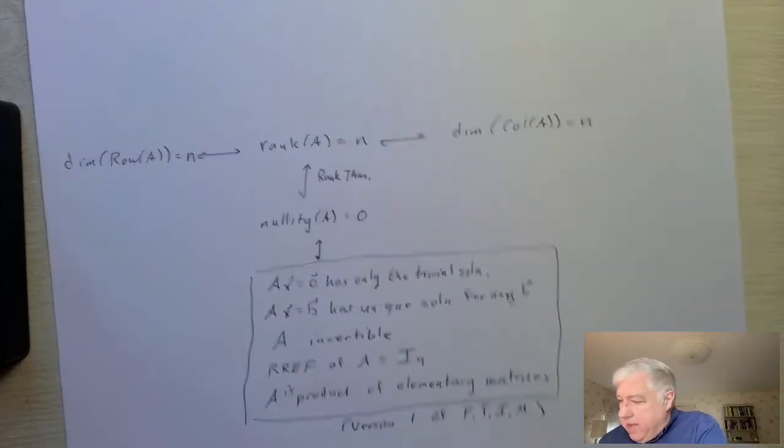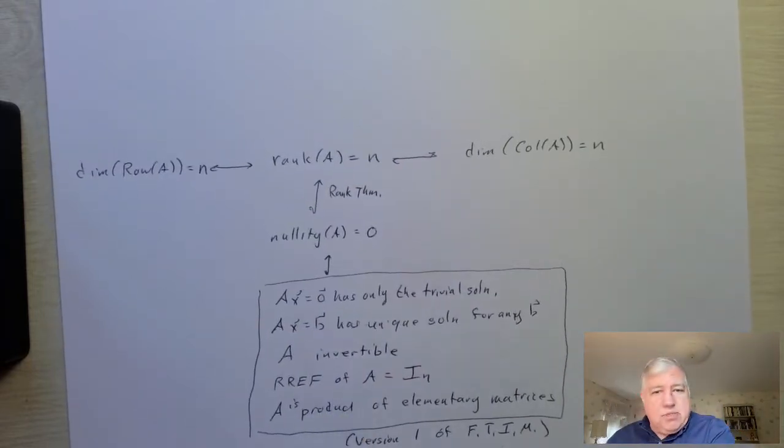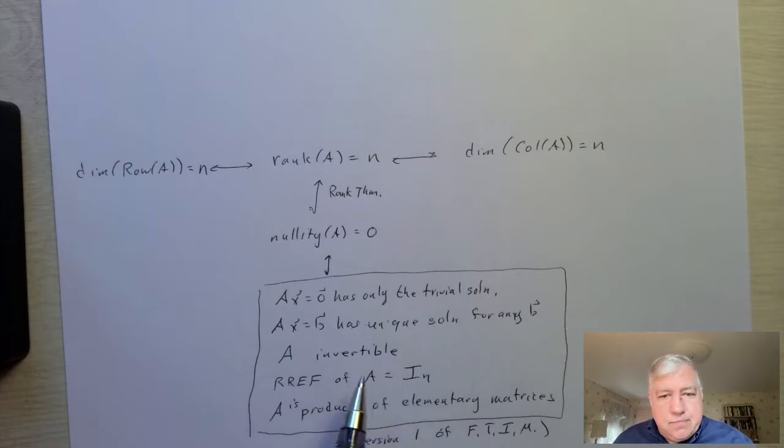We know that the reduced row echelon form gives us a basis for the row space, and the rows of the identity form the standard basis for Rn, right?